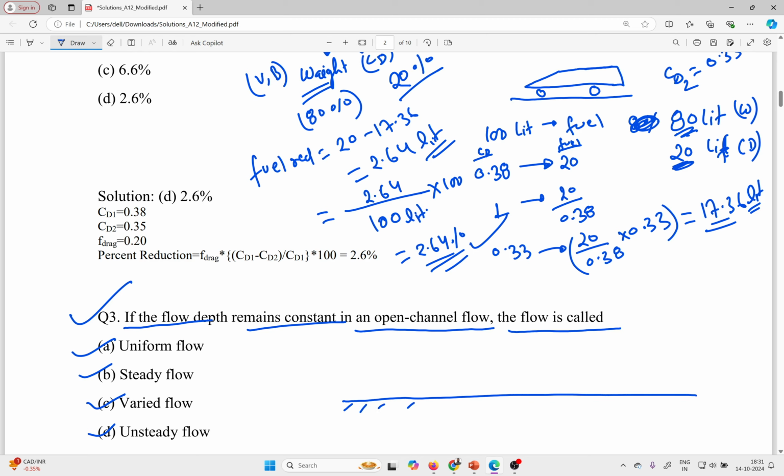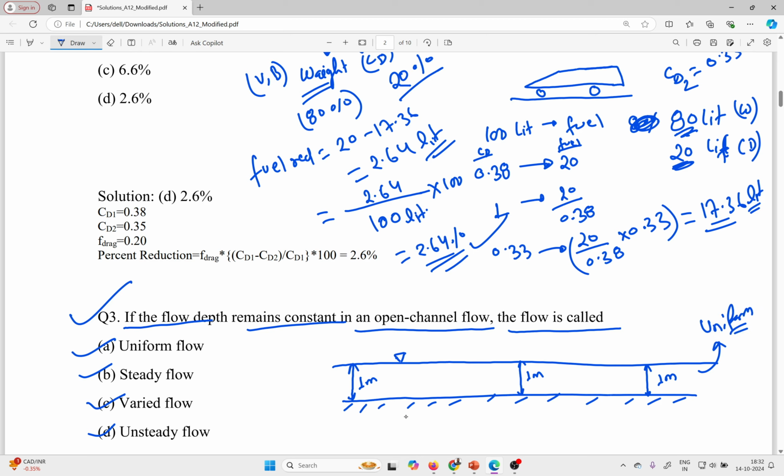One channel is there and water is flowing. Remain constant in the open channel means here if depth is 1 meter, here also depth is 1 meter, here also depth is 1 meter, right? So such type of flow is known as uniform flow.